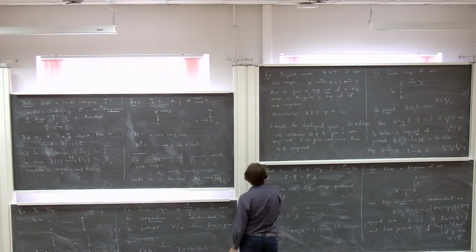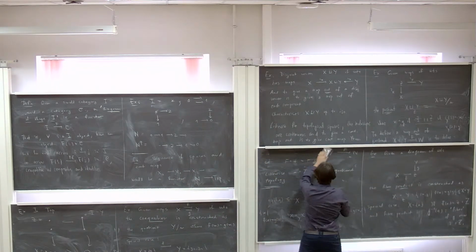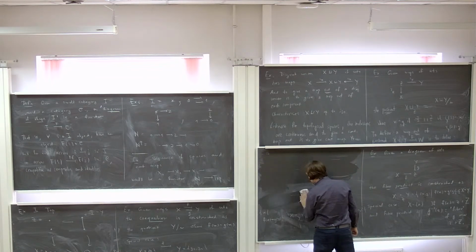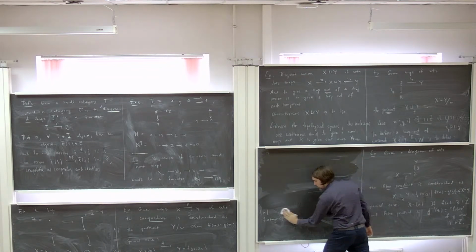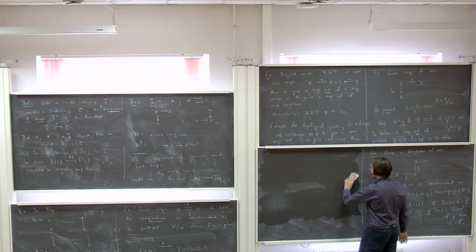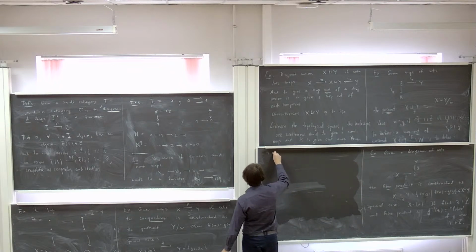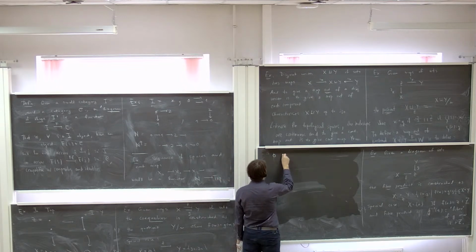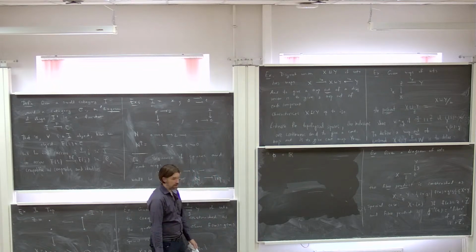And the way such things arise in practice, for instance, you might be trying to understand some infinite dimensional topological space and write it as a union of finite dimensional subspaces. So very explicitly, you might have zero, the zero-dimensional real vector space, Euclidean space.